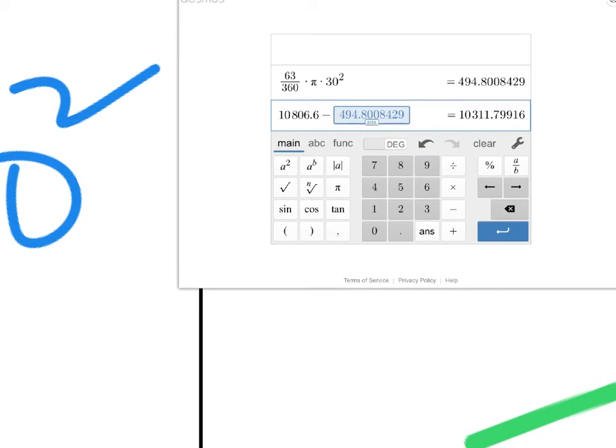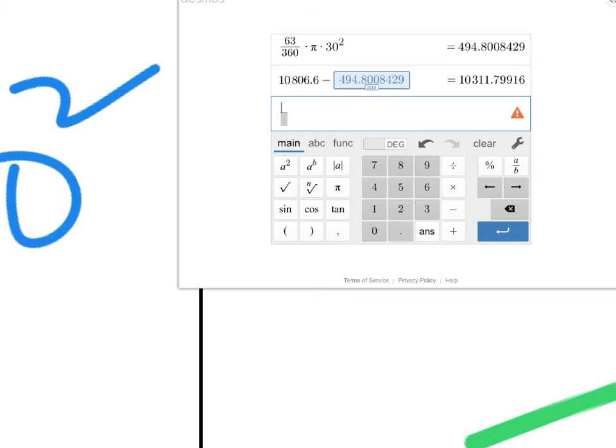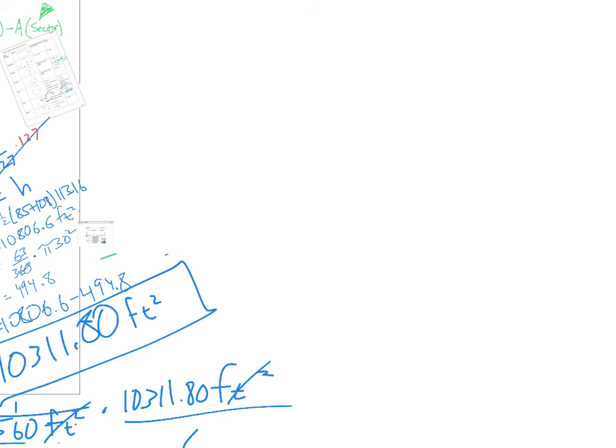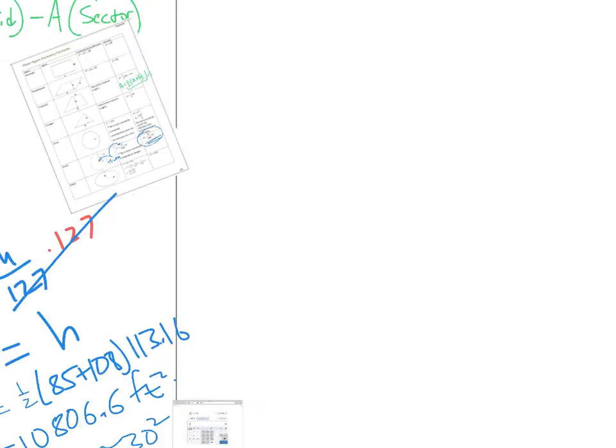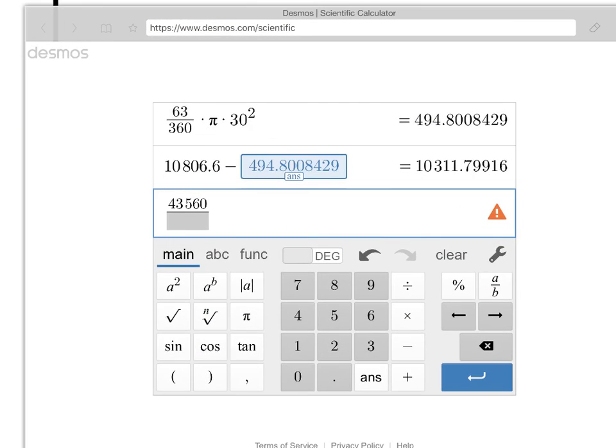Let's go ahead and enter this. Let's take that number and divide it by 43,560, but something weird's happening here. So let's see if we can get back to it. All right, so going to our calculator here.